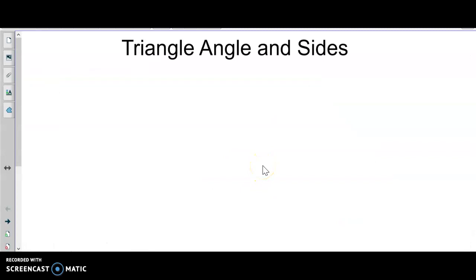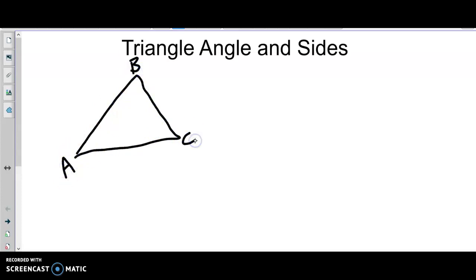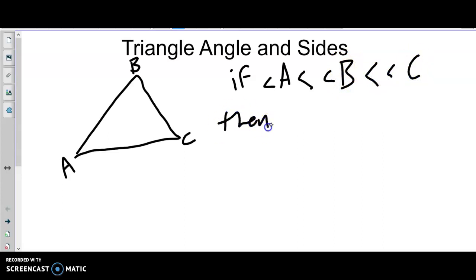So that's our first main point. If I have a triangle ABC, and angle A is less than angle B, and that's less than angle C, then side BC will be less than side AC, and that'll be less than side AB.